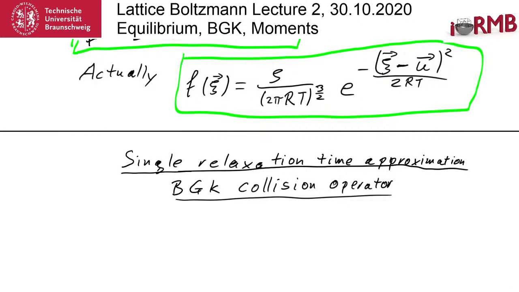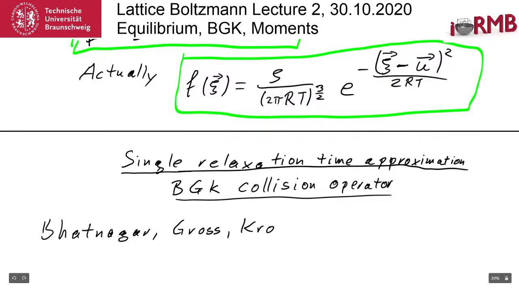BGK stands for Bhatnagar, Gross, and Krook. So these were an Indian, a South African, and an American physicist.